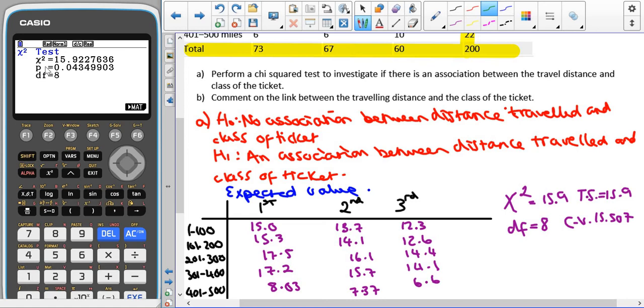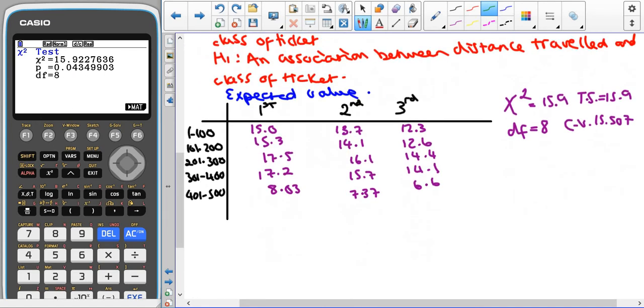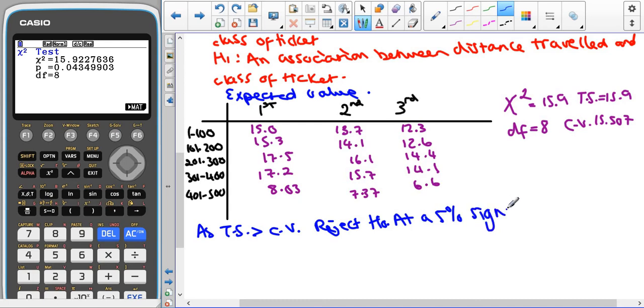And again, look, this p-value here, 0.0434, that's less than 0.05, so we would be expecting to reject H0. So then as our test statistic is bigger than the critical value, we reject H0 at a 5% significance level.